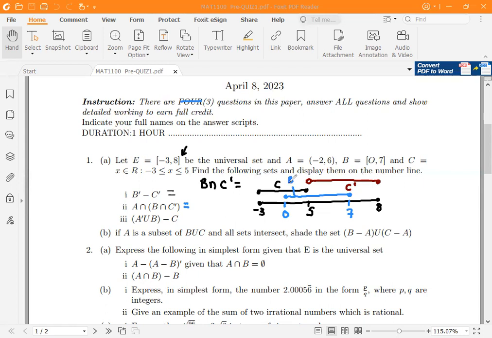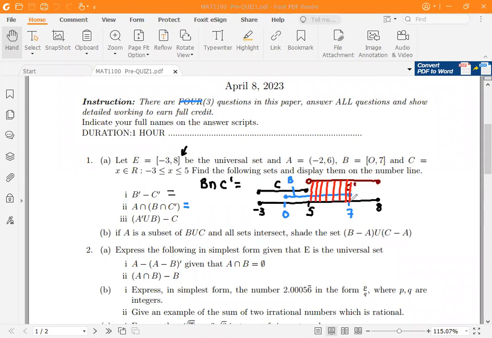So now where is B and C complement? Where are the two intersecting? As you can see, they are intersecting in this region, from 5 up to 7.